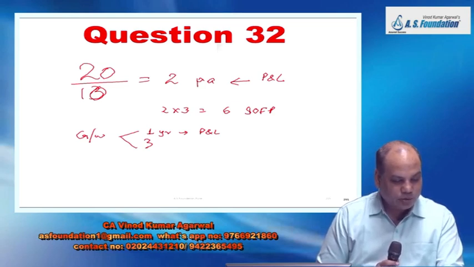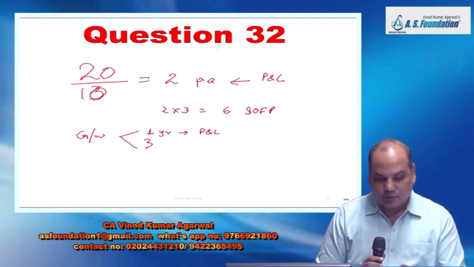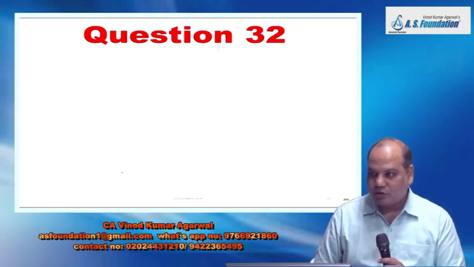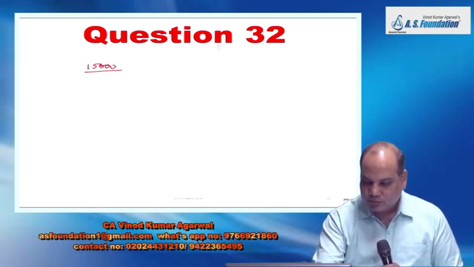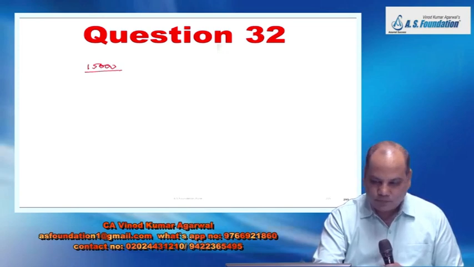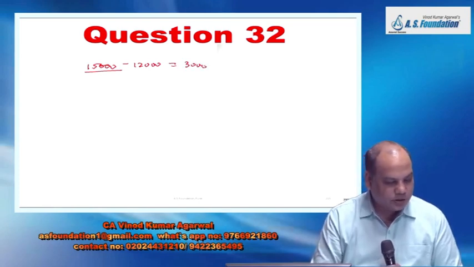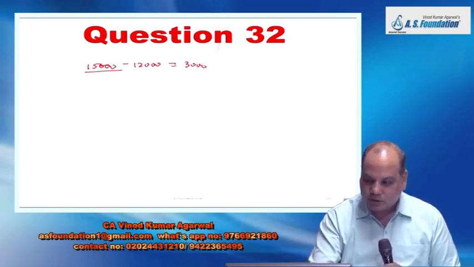It had a carrying amount of 12,000 in the books of P at the date of transfer. So what is the profit made by parent company on the transfer? 15,000 minus 12,000, 3,000. And what is the life of the asset? 3 years.